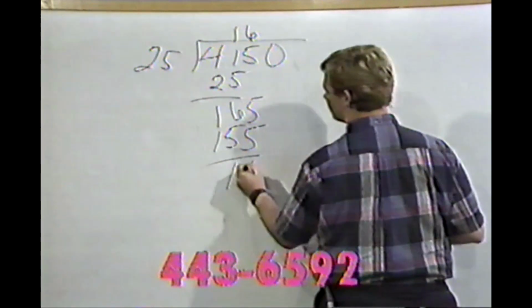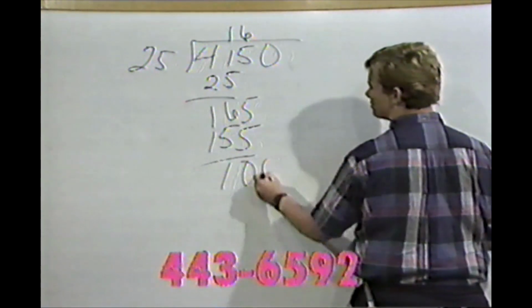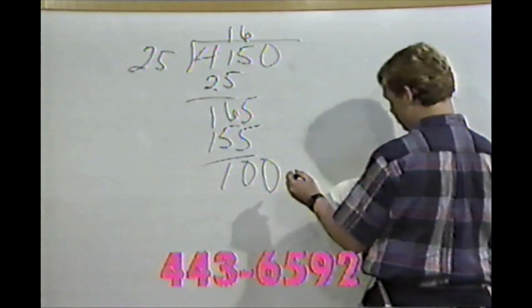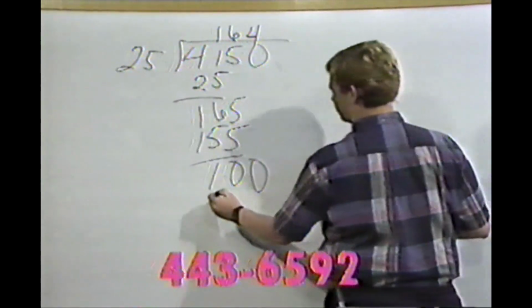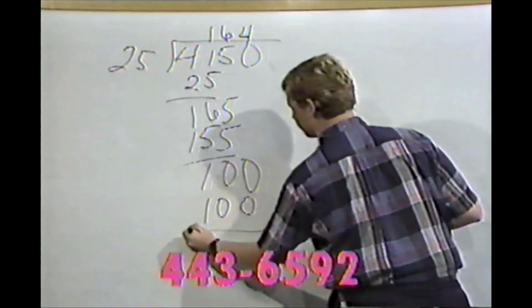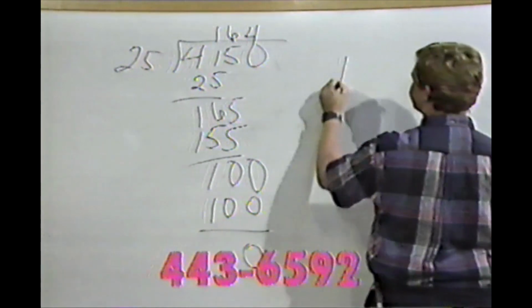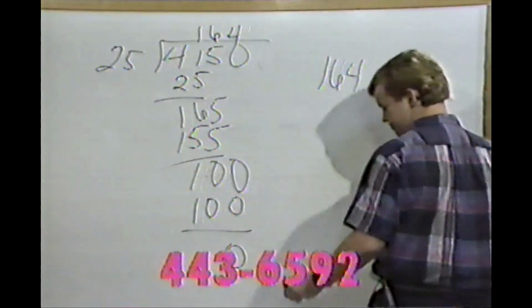And you have 10 left over from here, and you bring down the next 0. 25 will go into 100 4 times. There's no remainder, so the answer is 164.